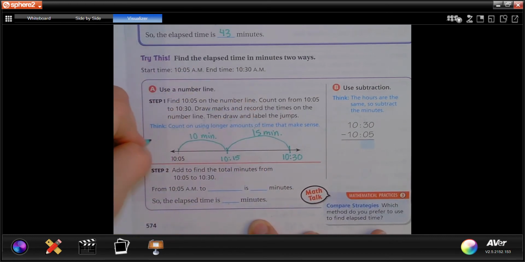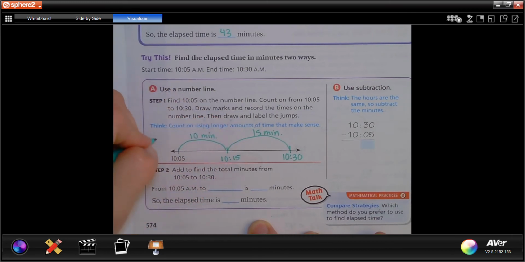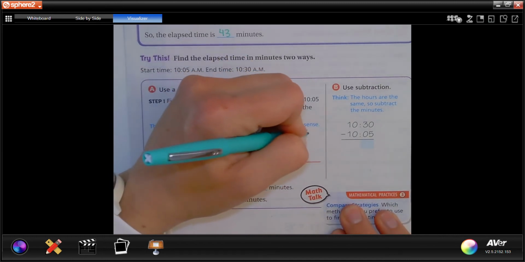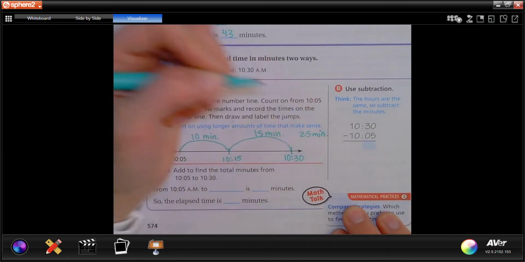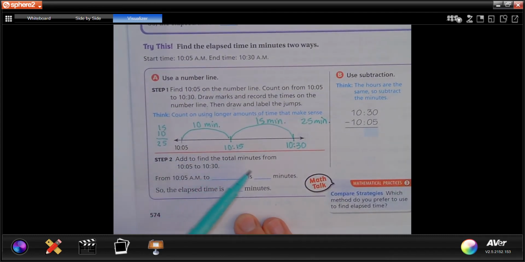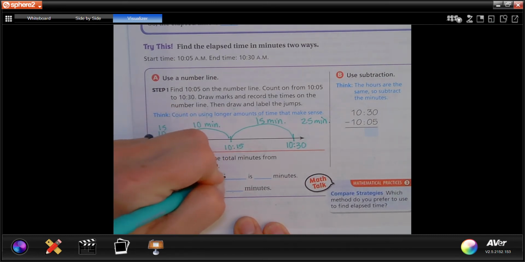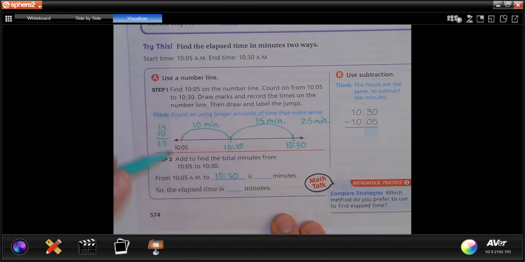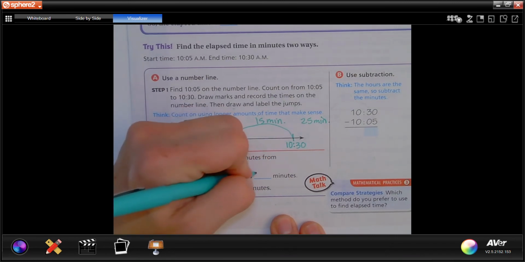So 10 minutes plus 15 minutes is 25 minutes. So 25 minutes. All right, so we added to find the total minutes from 10:05 to 10:30. So that's 10 plus 15 is 25. Okay, so from 10:05 a.m. to 10:30 is how many? 25 minutes.